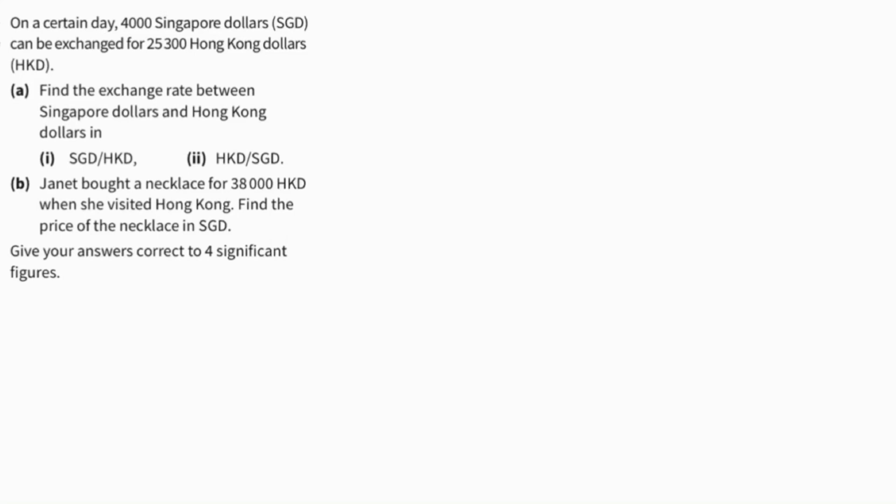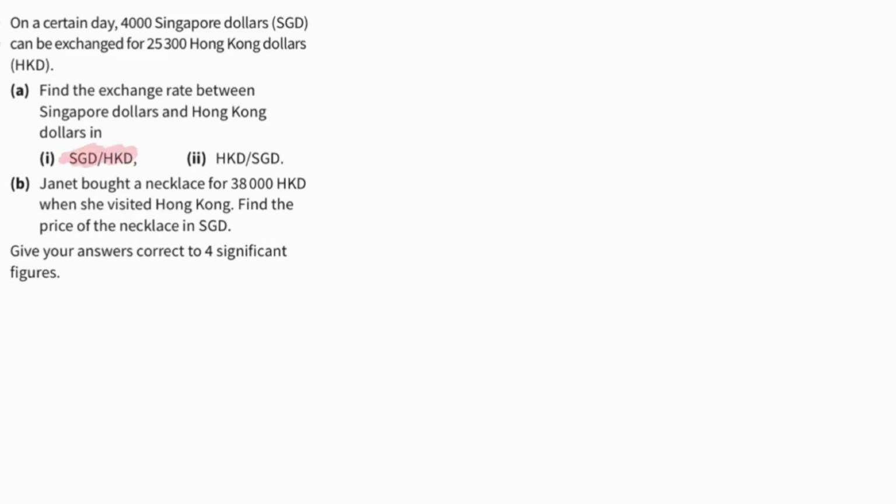Hello everyone, welcome to this problem where we are given 4,000 Singapore dollars can be exchanged for 25,300 Hong Kong dollars. So find the exchange rate in terms of SGD over Hong Kong dollars.